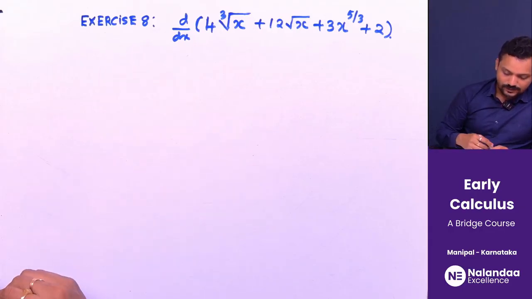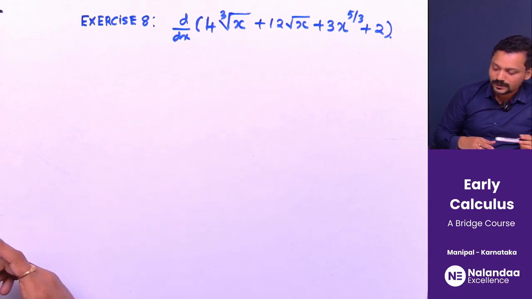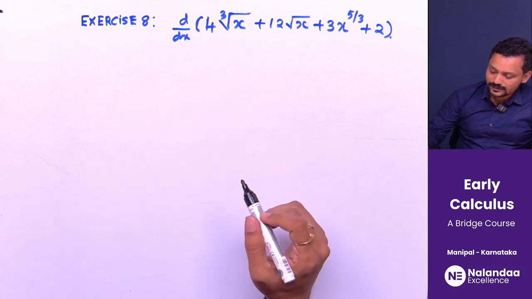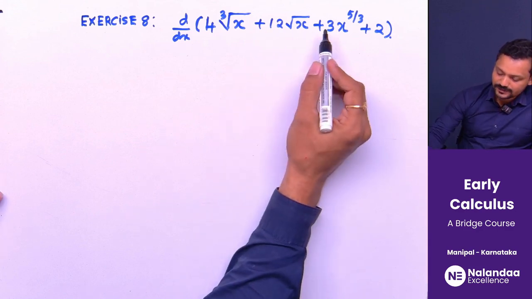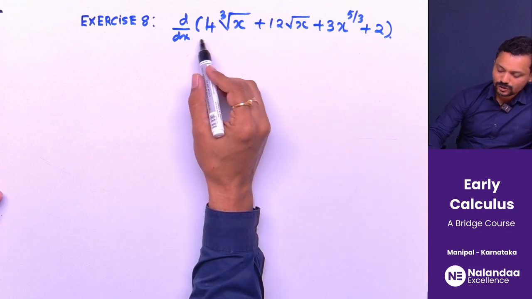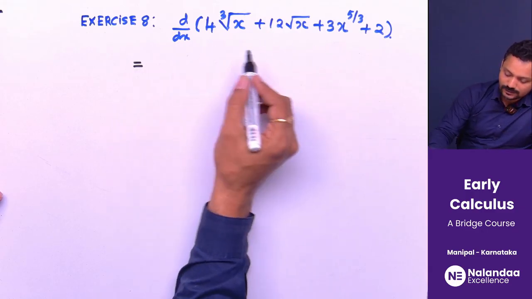Exercise 8, d by dx of 4 cube root of x plus 12 root x plus 3x power 5 by 3 plus 2. Again there is plus sign between the terms, so we will individually differentiate, we will break the terms.